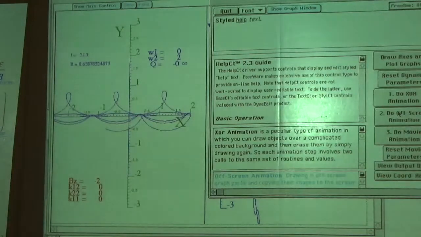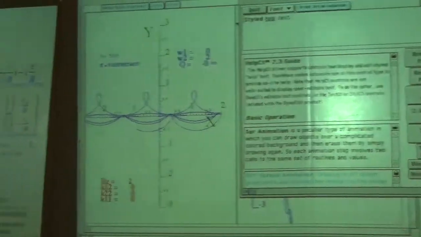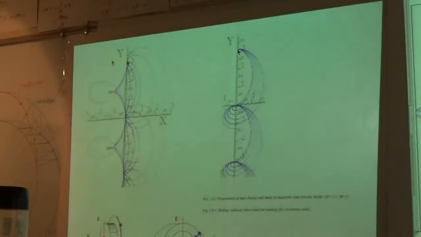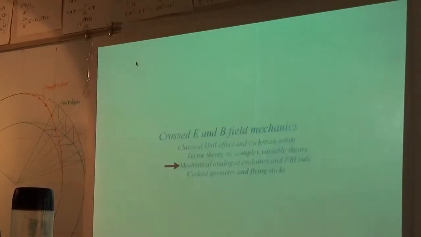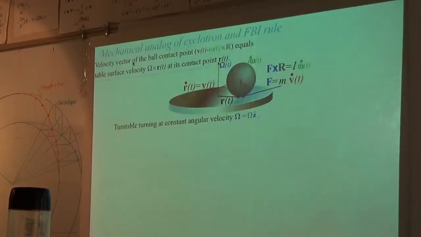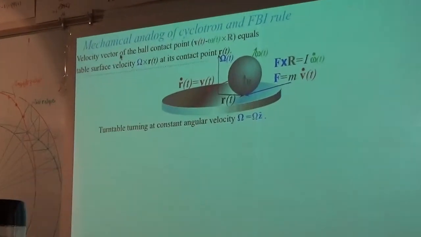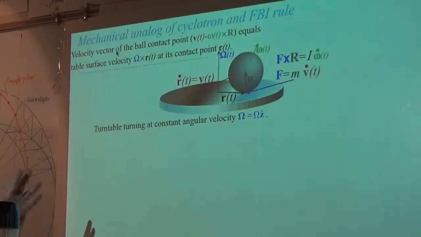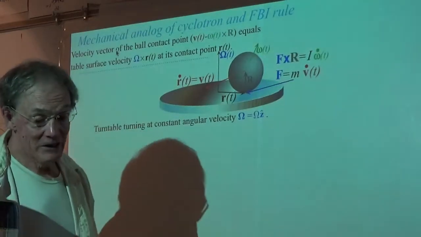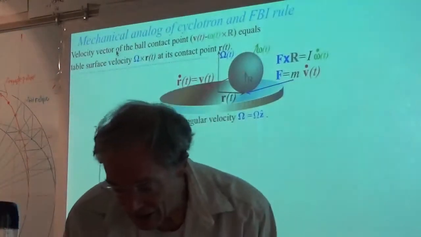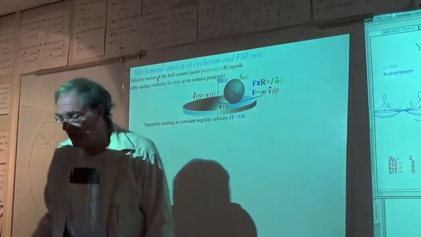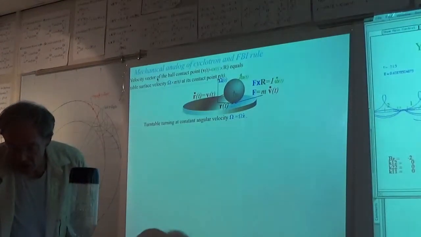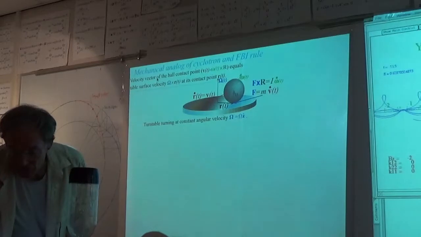Okay, I'm going to have a few problems for you to look at, these examples of what we were just doing. But now, in the last 20 minutes or so, I would like to first analyze and then show a mechanical analog for this system of the constant electric and magnetic fields that are crossed.